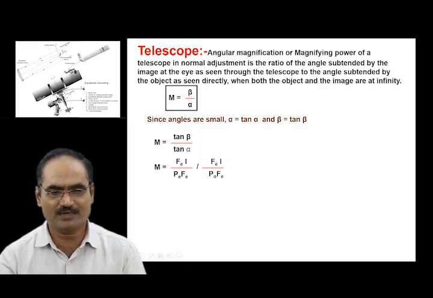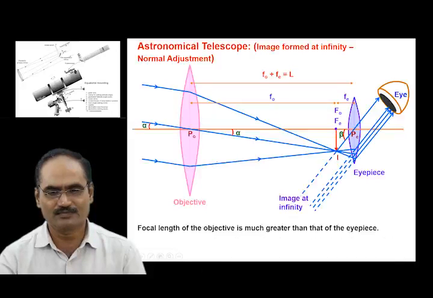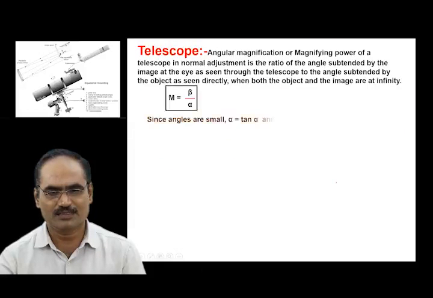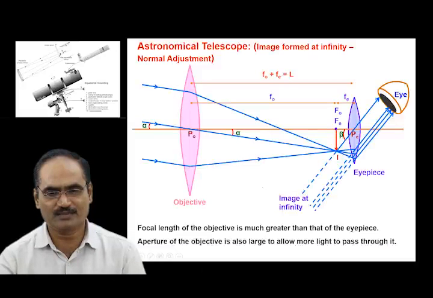Let us see now tan beta. What is tan beta? Let's see. Tan beta is the height of the image by the distance from the eyepiece, right? Let us see here. Then tan alpha. Let us go back and see. Tan alpha is this. Actually, it is this.